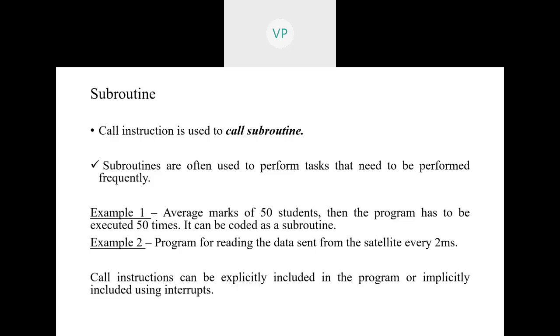It will do all the calculations and return back. Since there are 50 students, the code will be executed 50 times. For this kind of task, this could be written as one subroutine.